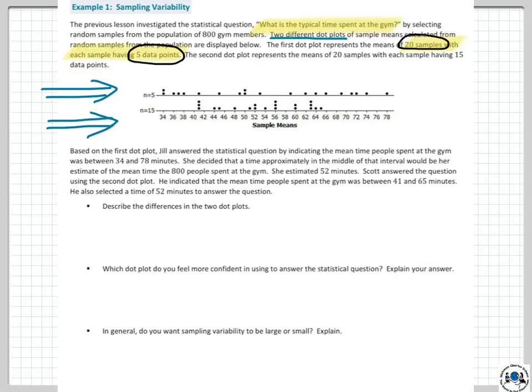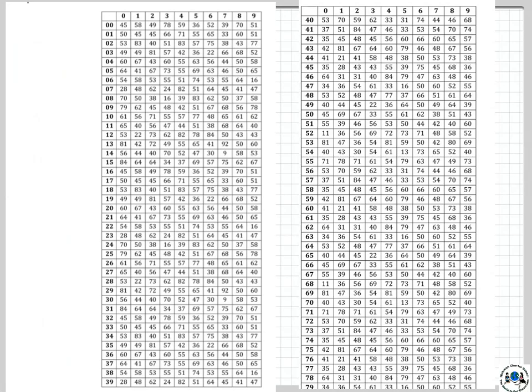Okay, so let's look at that a little bit more closely. Let's look at 20 samples of 5 data points. For example, here is our population, the 800 different times spent at the gym. Each sample would have been, just for example, 1, 2, 3, 4, 5, and I'm of course making this up, randomly generating these numbers.